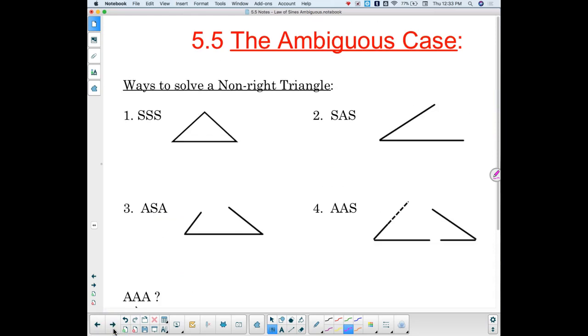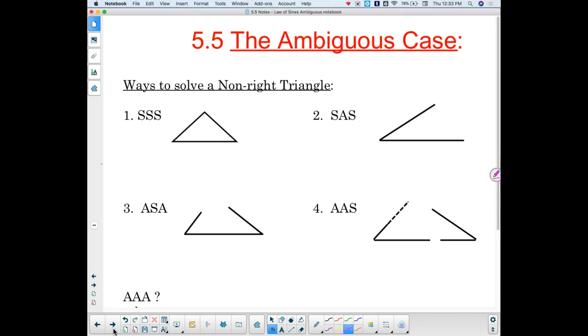So let's talk some logic behind the law of sines. In a non-right triangle, because if we had a right triangle, we would just use SOHCAHTOA.